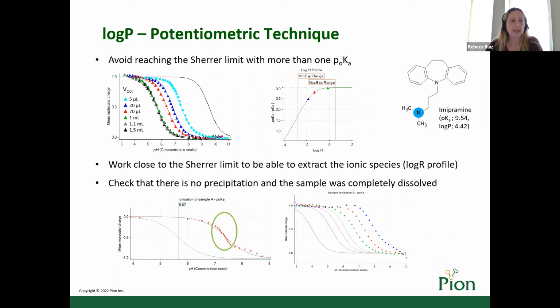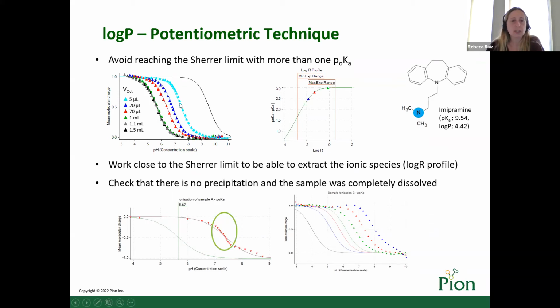However, the amount of octanol to add has a limitation, and this is the Scherrer limit. In this graph, this is a determination of log P for imipramine. You can see that when adding 5 microliters of octanol, the black curve is the pKa determined in water. So with 5 microliters of octanol, we have this shift.